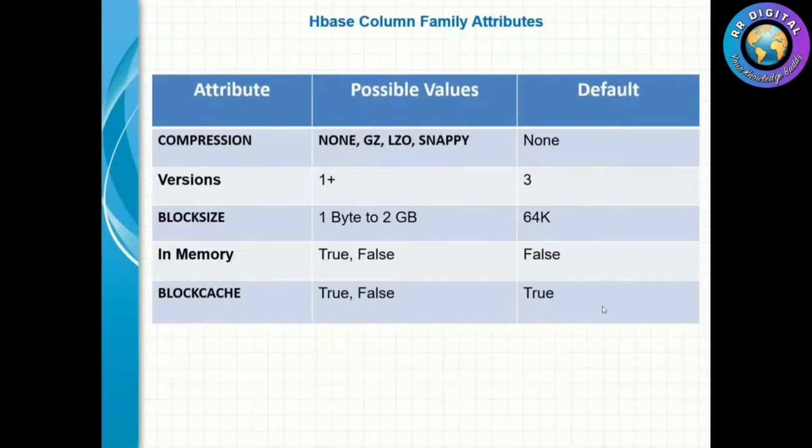In case you need more than 3 versions, then you have to specify. If you do not specify, by default it will consider 3 versions. Compression means basically, see, backend it will apply zip and unzip, right? So if you zip your data, size will reduce, right? Okay, so that your HDFS storage will be saved.